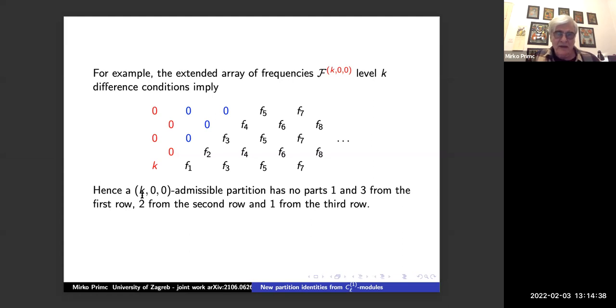So in a K0 admissible partition, we will have no parts 1 and 3 from the top row, no part 2 from the second row, and no part 1 from the third row. These will be initial conditions.